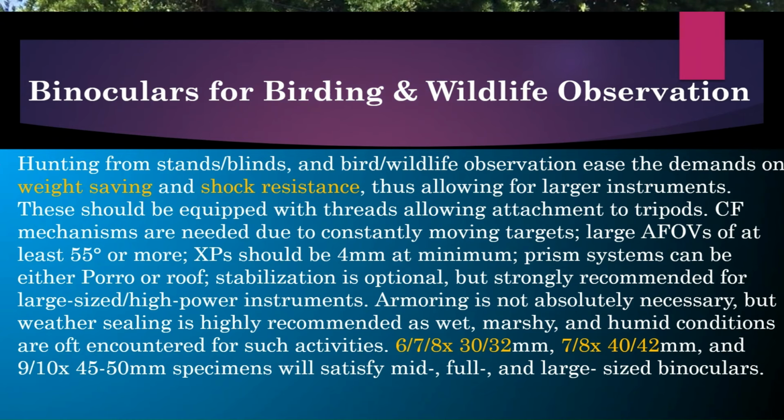But if you're going to use it in very bad light, even today that 42 millimeter binocular provides you more light than a 32 millimeter. And that's also explained in the first video. So more light creates a better image.